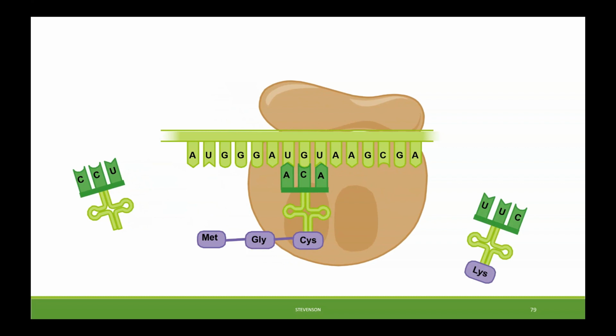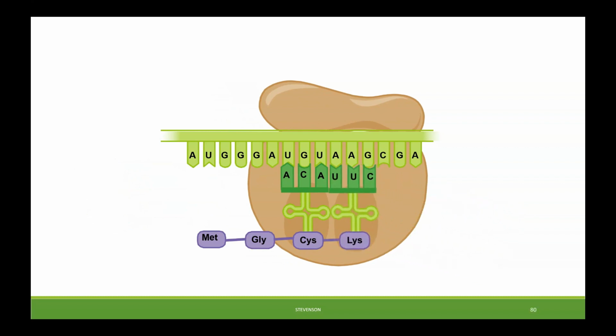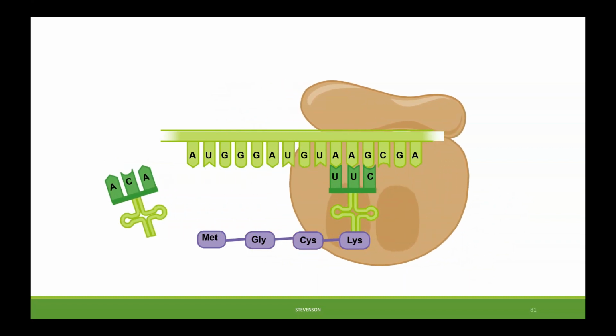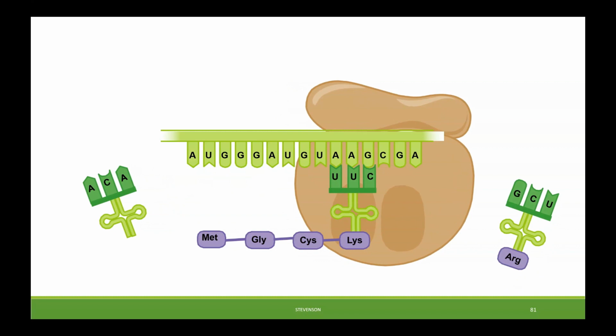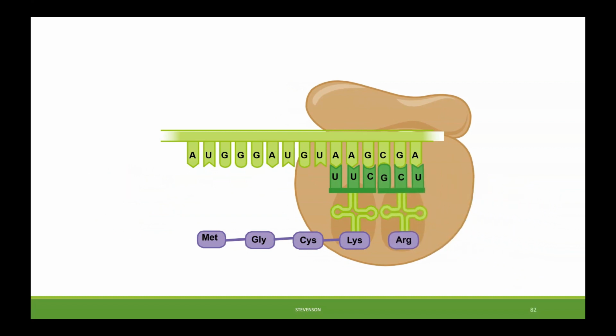The ribosome moves down, it kicks out a tRNA to make room for a new one. The new one comes in, it delivers its amino acid and forms a new bond, and so on, until eventually the ribosome will reach the end of the gene, and it will know this when it reaches a stop codon.